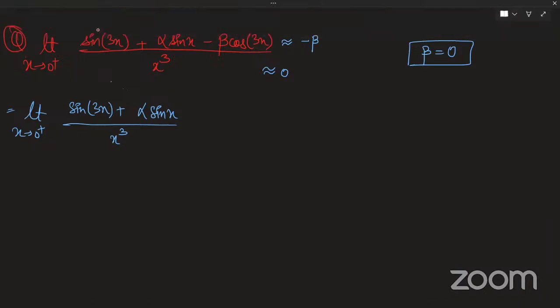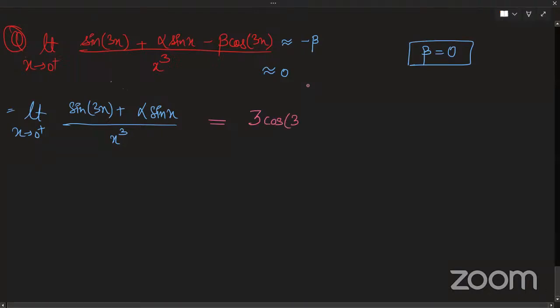Now it is 0 by 0 form. If it is 0 by 0 form, can I go for L'Hopital's rule? Yes, sir. What is the differentiation of sine of 3x? It is 3 into cos of 3x, right?